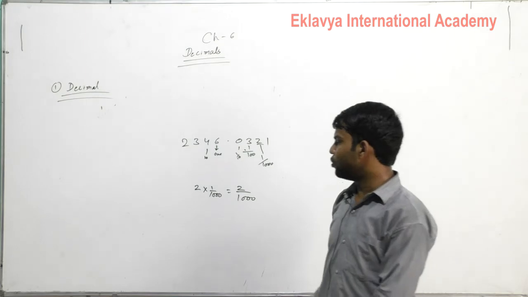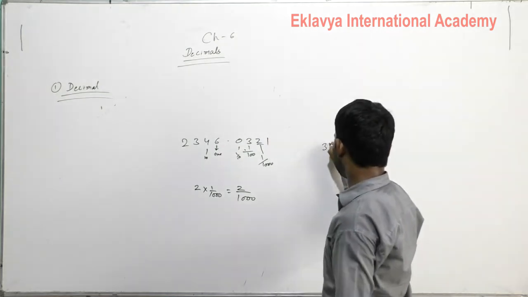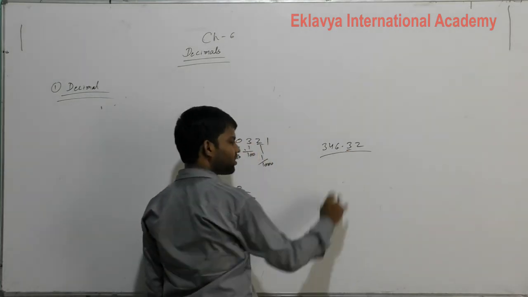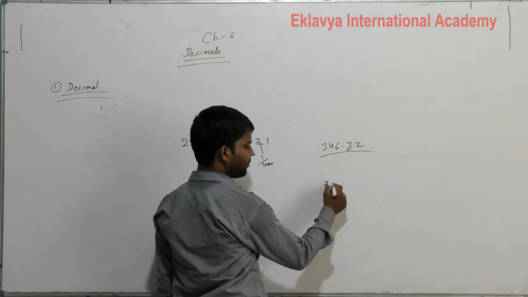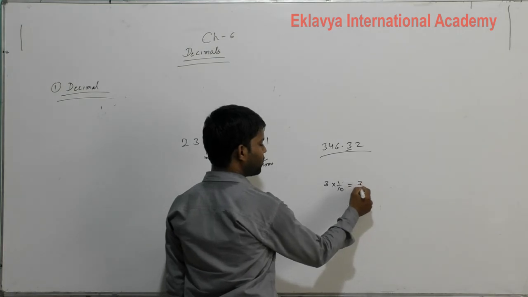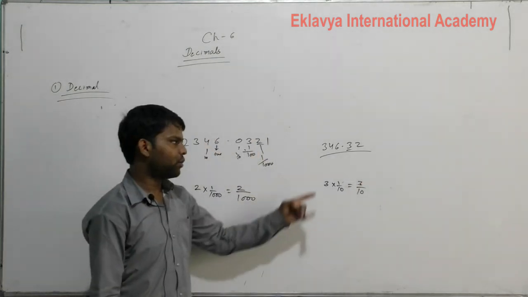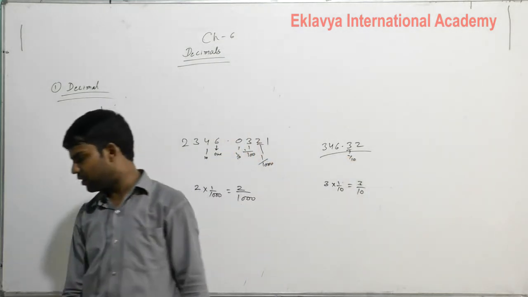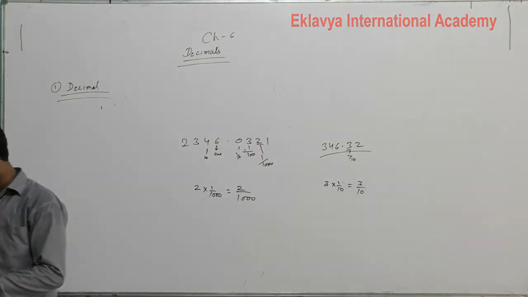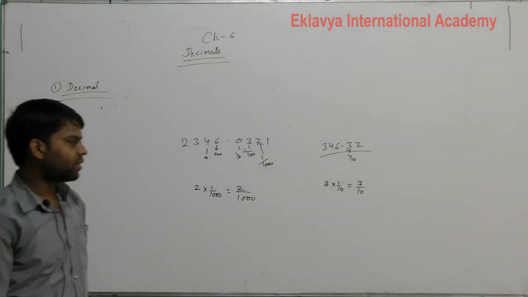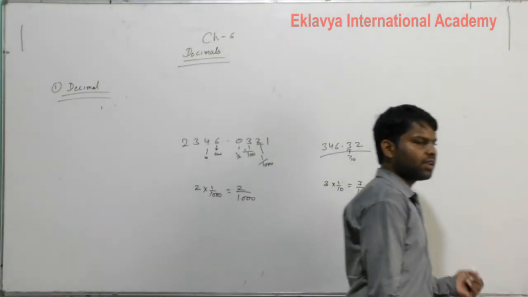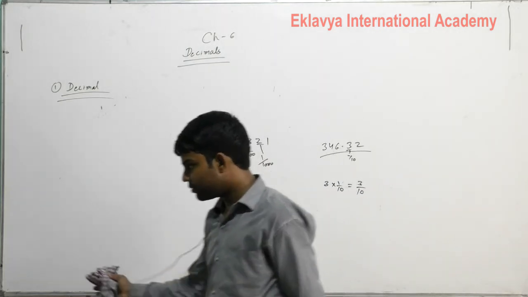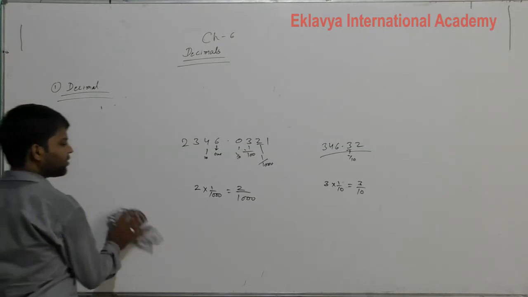Similarly, in 346.32, if we want to find the place value of 3, then we write 3 multiplied by 1 upon 10 equals 3 upon 10. Why? Because its place value is 1 upon 10, tenths. Okay students, using this method you can solve question number 5 in exercise 6A.